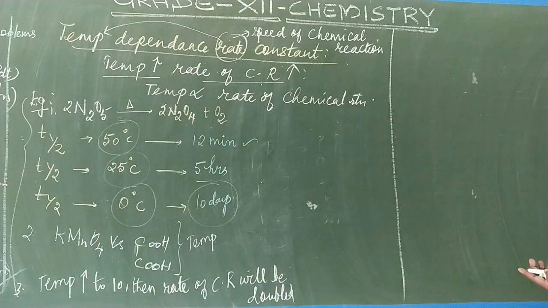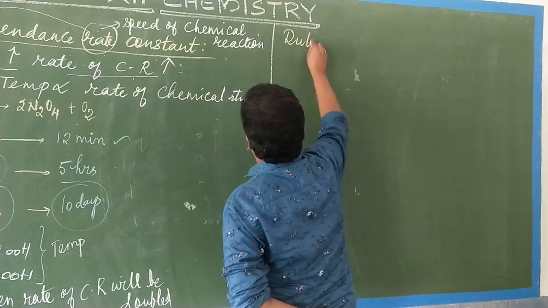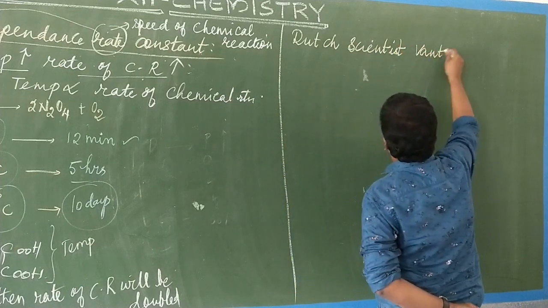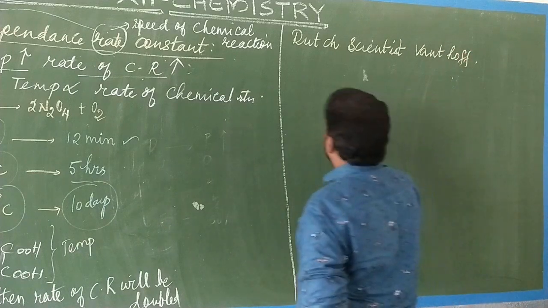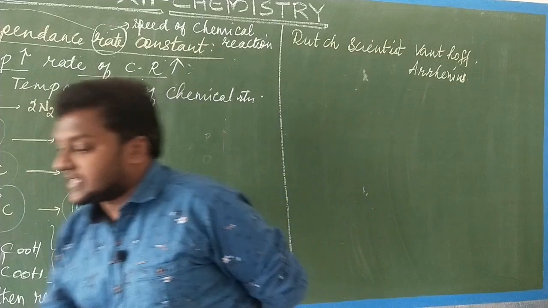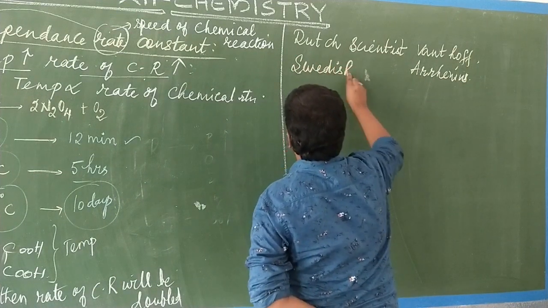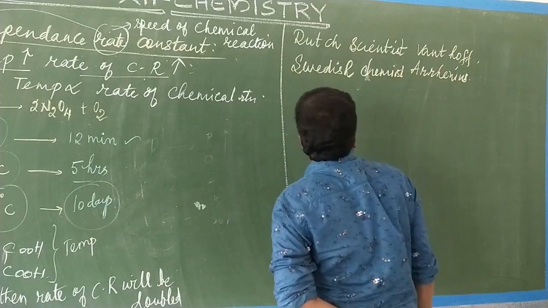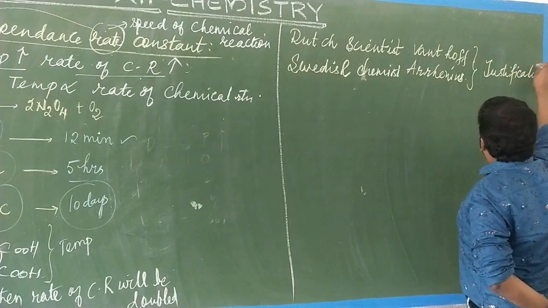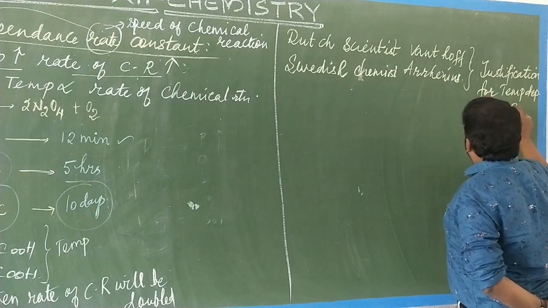So based on this concept, two scientists, Van 't Hoff, a Dutch scientist, and Arrhenius, a Swedish chemist, gave the justification for the temperature dependence of the rate constant.